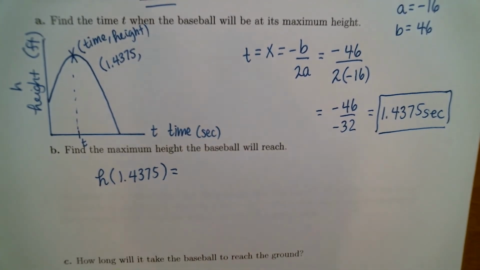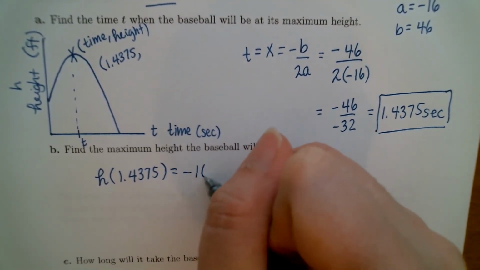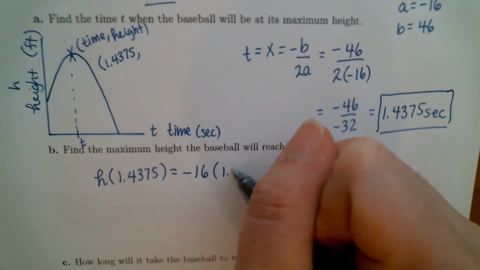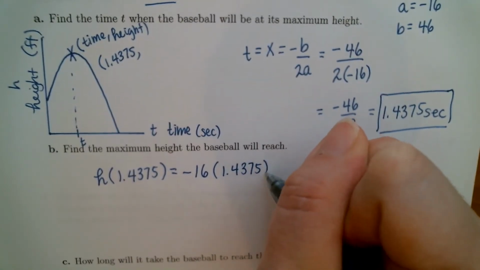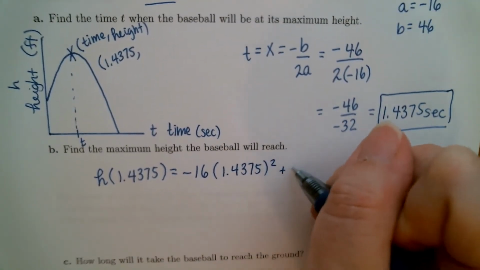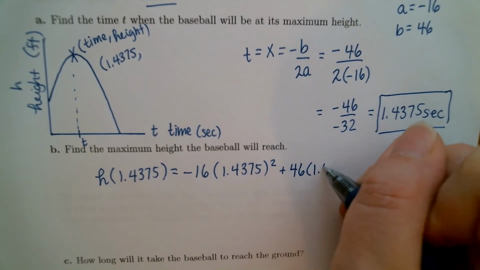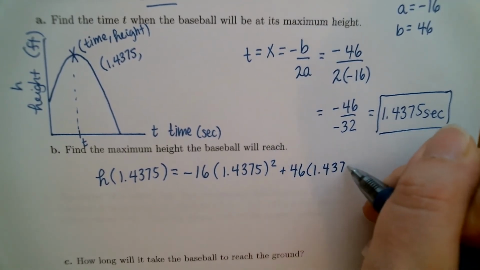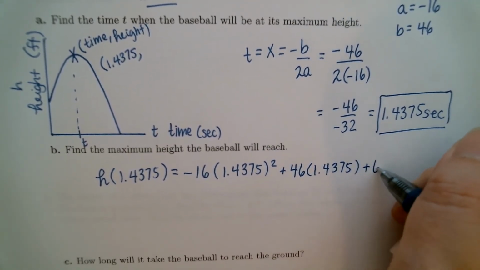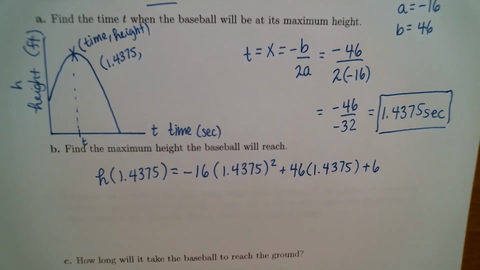So we're going to get negative 16 times 1.4375 squared plus 46 times 1.4375 plus 6. Then you just need to plug this into the calculator.